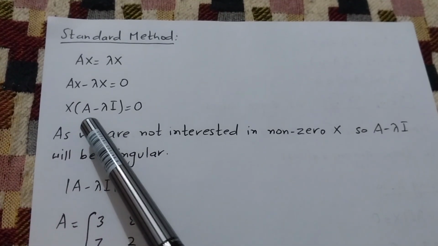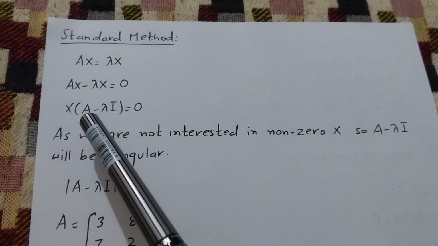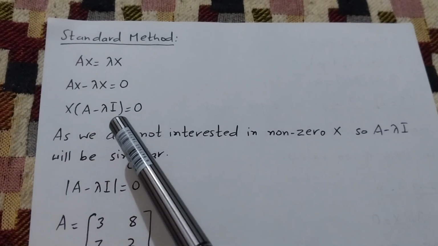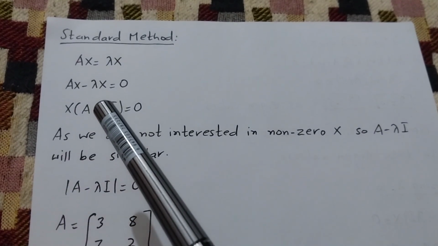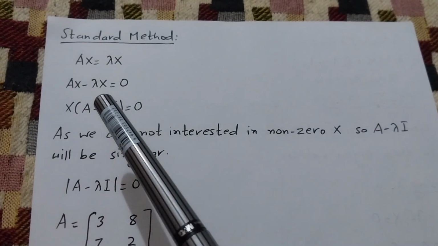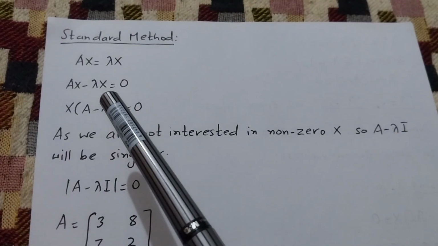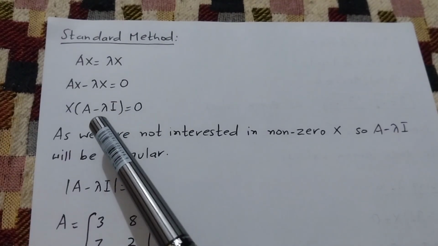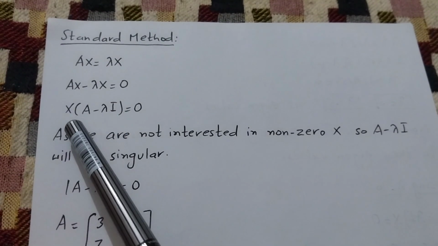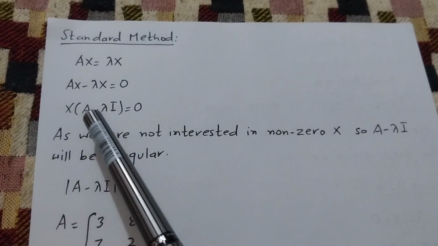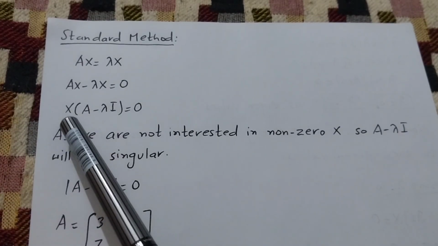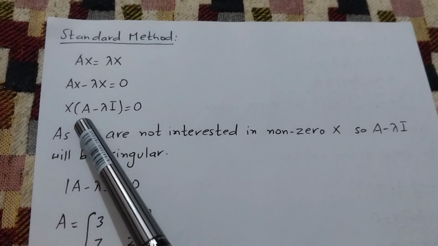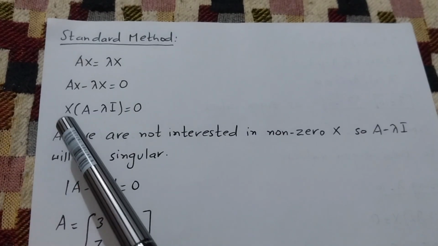As we saw in the case of Ax is equal to 0, where we had to take A as a singular matrix, here we have a similar situation: A minus lambda I times x is equal to 0, and we are interested in a non-trivial x.